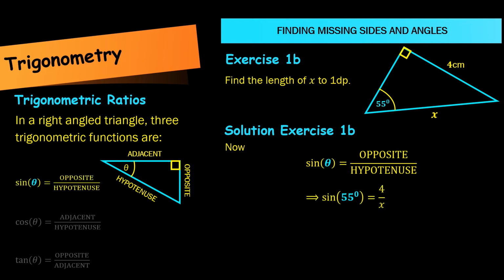Substituting in the values gives us sine 55 degrees equals 4 over x. And rearranging gives us x equals 4 over sine 55 degrees, which implies that x is equal to 4.9.